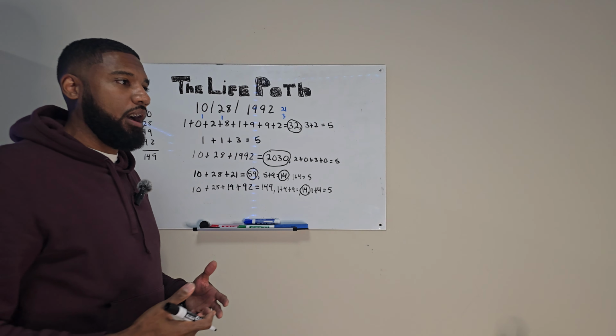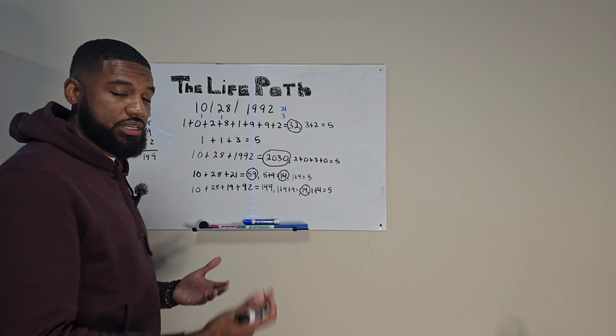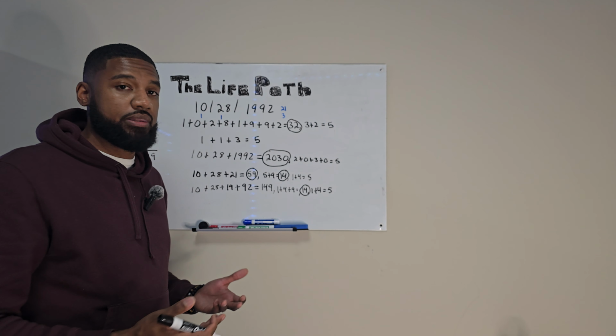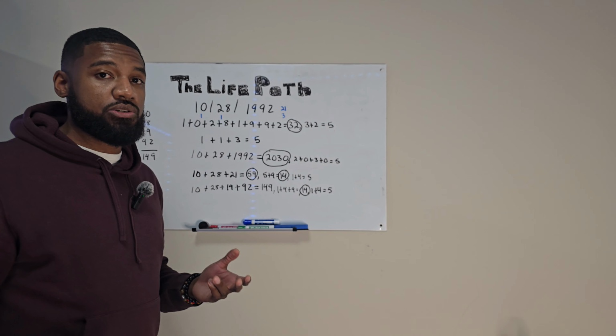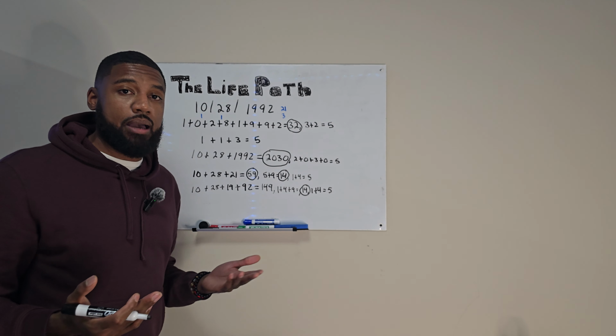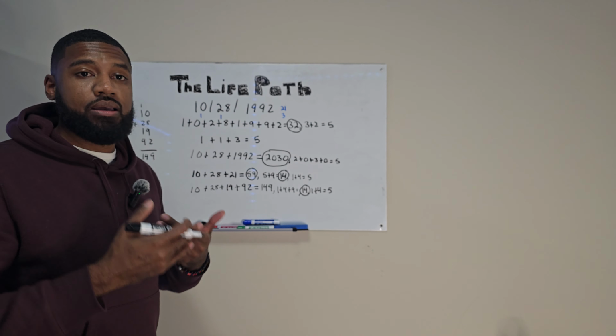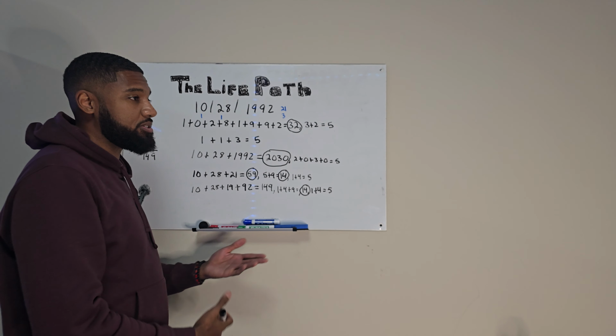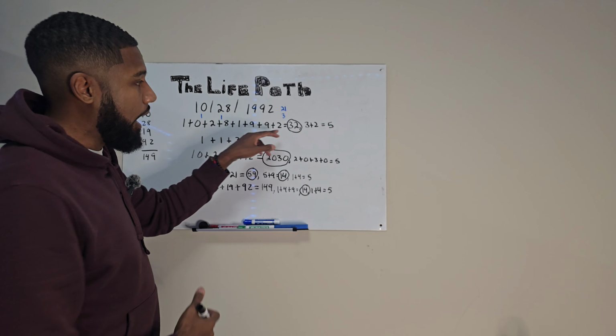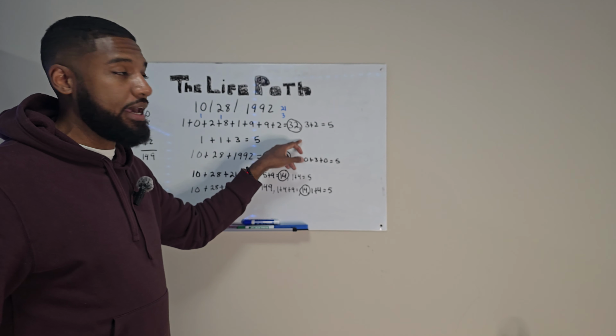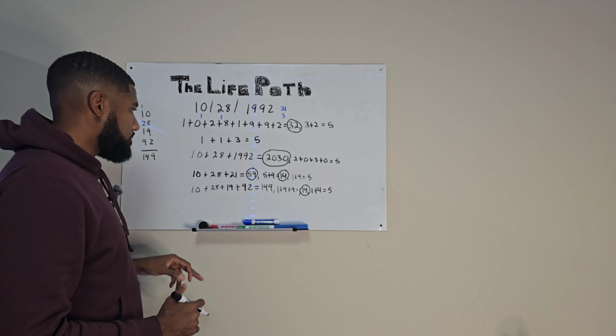Maybe there might be a big shift, some type of transition, some type of transformation period that may take place at the age of 32. Anything could happen. This could be a death. This can be, maybe, an end of a relationship, a start of a relationship. But I would think that the age of 32 holds a lot of significance for this person.